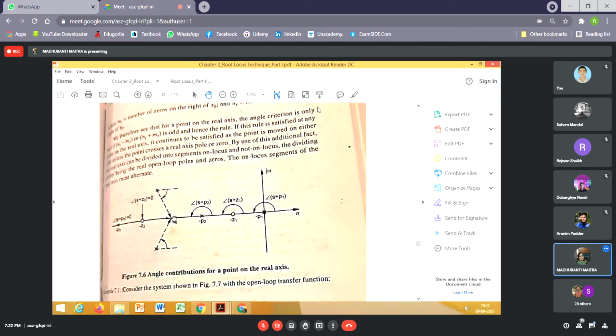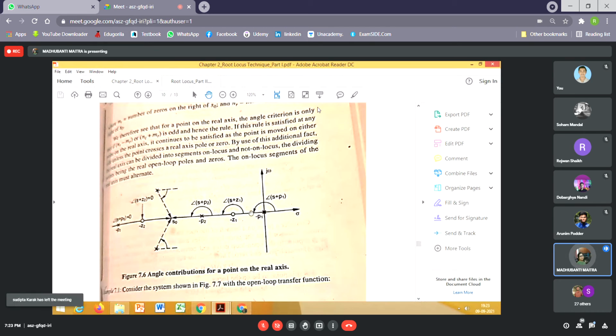The first thing we can observe is that these real open loop poles and zeros divide the real axis into segments.